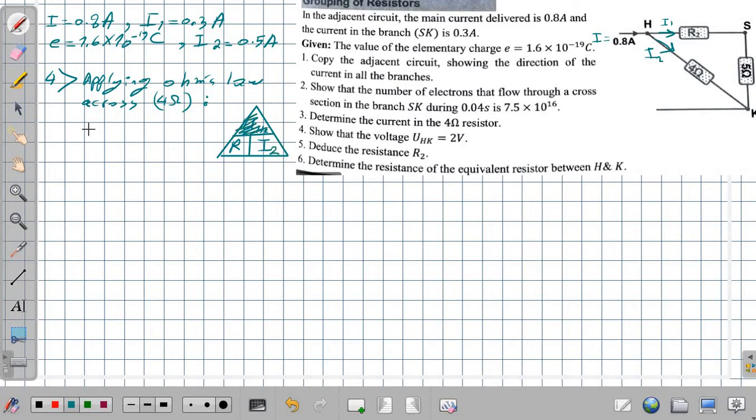Hide UHK, so UHK is equal ال R 4 ohm times ال I2 is equal ال R 4 ohm بنعوضها 4 الكرنت I2 0.5. Finally we will get that UHK is equal 2 volts.